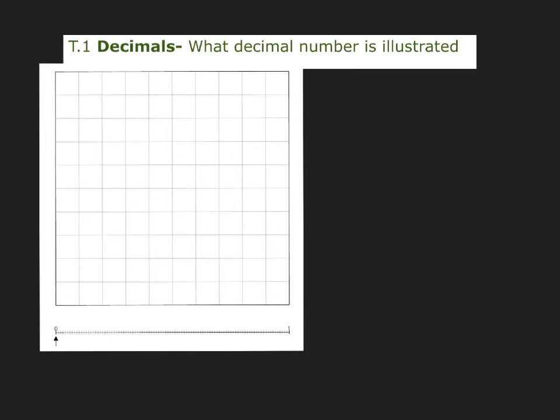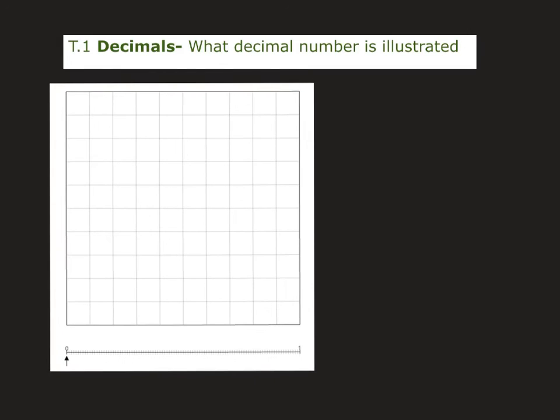Decimals. When we're dealing with decimals, this is a 100 square, which a lot of you guys are familiar with looking at. If you look in this 100 square, there is exactly 100 little white squares in here. A lot of times we think about this as money.